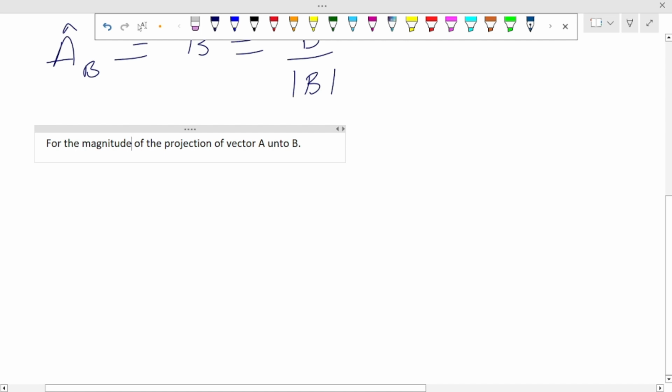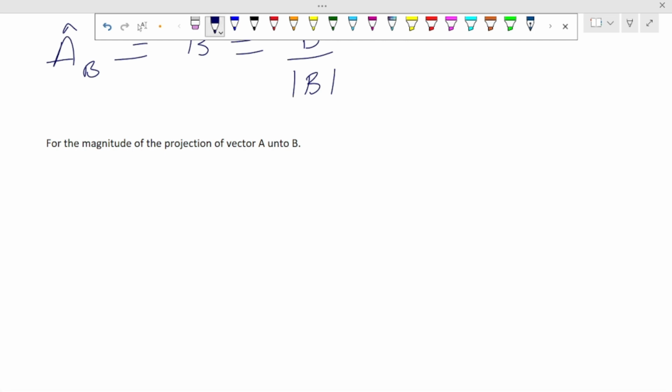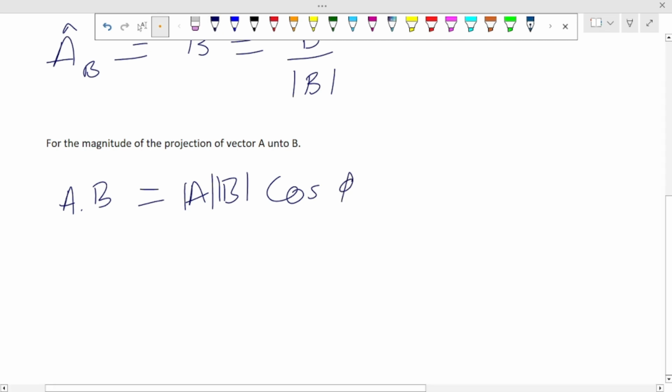Remember we have a formula that says A dot B is the same thing as the magnitude of A, the magnitude of B, cos phi AB. Good.